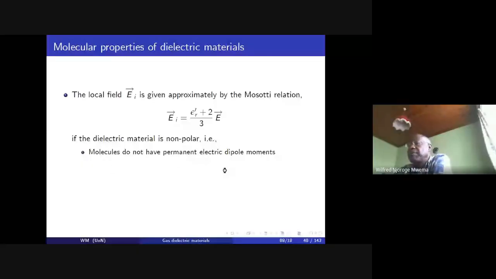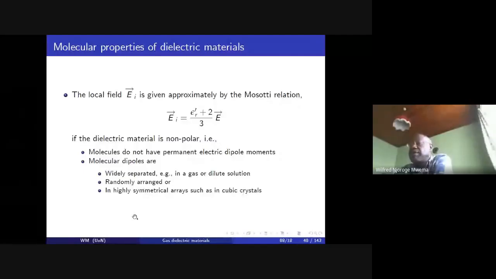where we have assumed no permanent dipoles. The dipoles are widely separated, that is, they are far apart, such as would be the case in a gas or a dilute solution. They are randomly arranged, or in cubic symmetric crystals in solids.